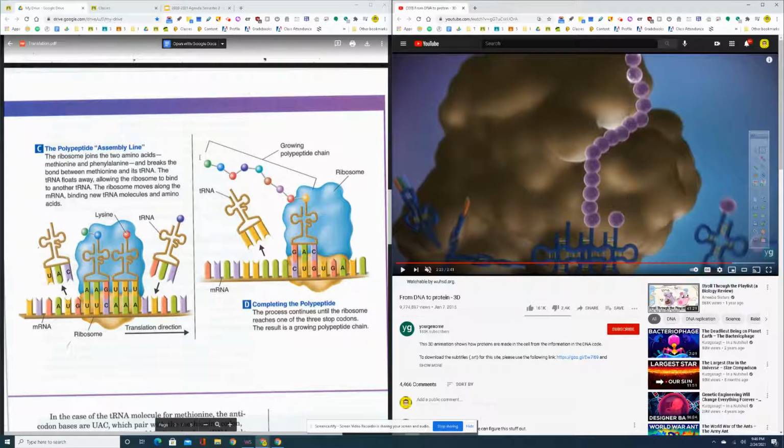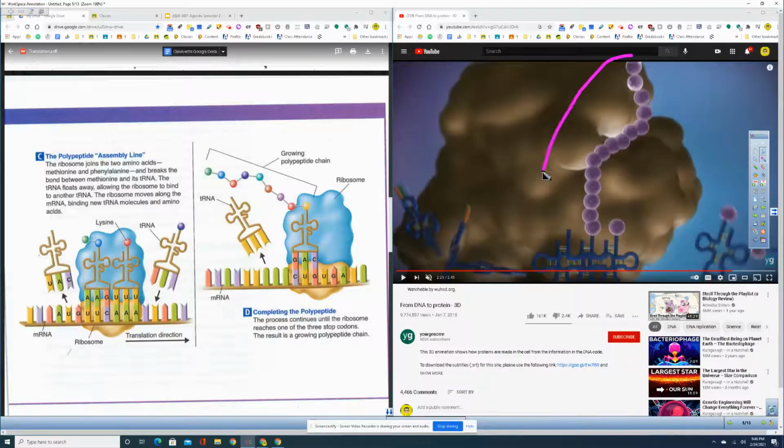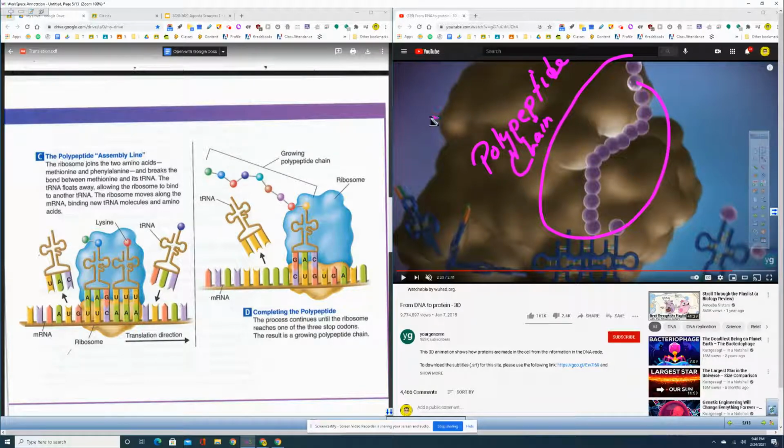And so this essentially is what they're referring to as the polypeptide chain. In class, we've been saying protein, and because I don't want to get you too confused, but basically, most proteins are made up of multiple chains of amino acids.